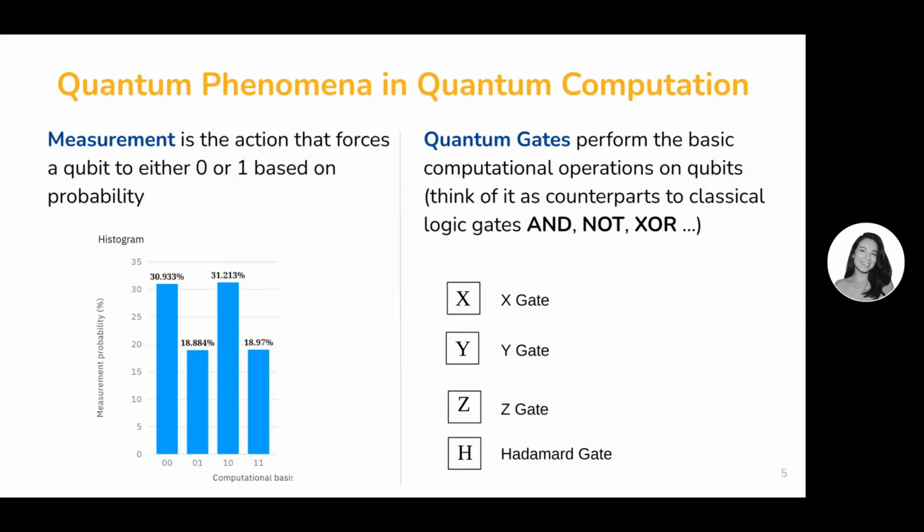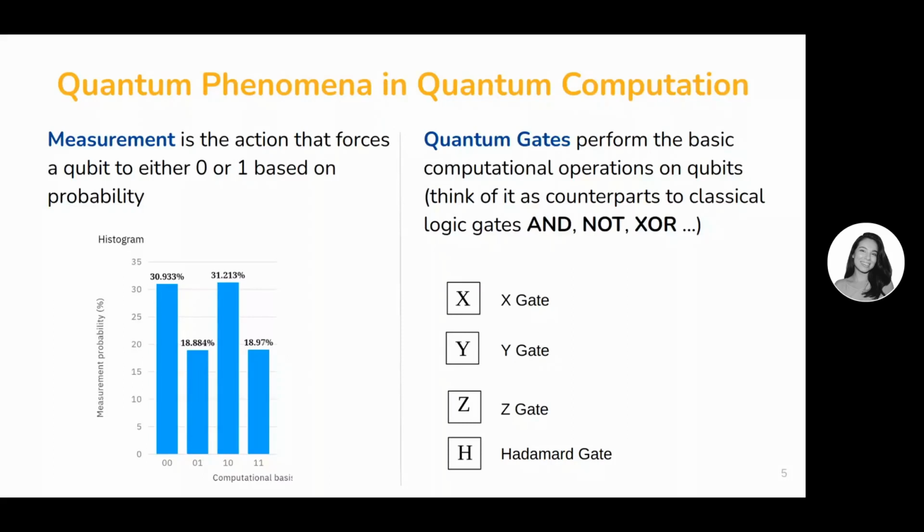If you went to an engineering school, then you must know the logic gates, such as AND, NOT, XOR, NOR, the logic gates that we use in order to operate on our bits, our most basic layer of computation in conventional computers. The equivalent of that also exists in quantum computing. That's how we can operate on our qubits, start from a specific state and reach a certain outcome.